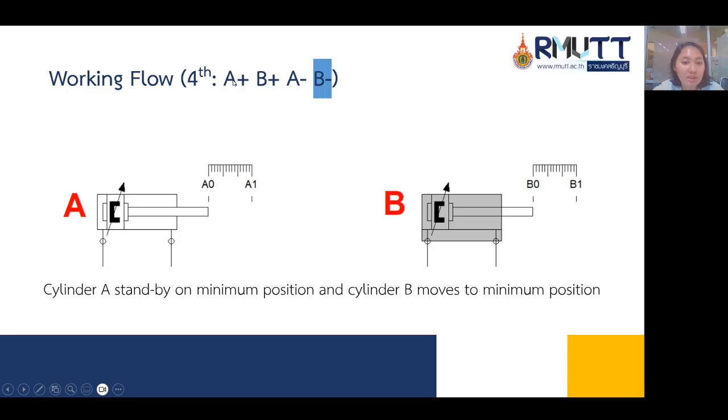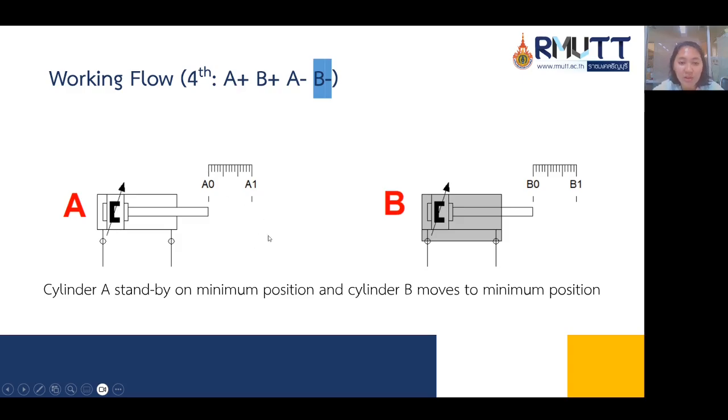The correct one is A plus, A minus, B plus, and B minus. After that, cylinder B will go backward to the minimum position and reach limit switch B0, and cylinder A is already standby on the minimum position.